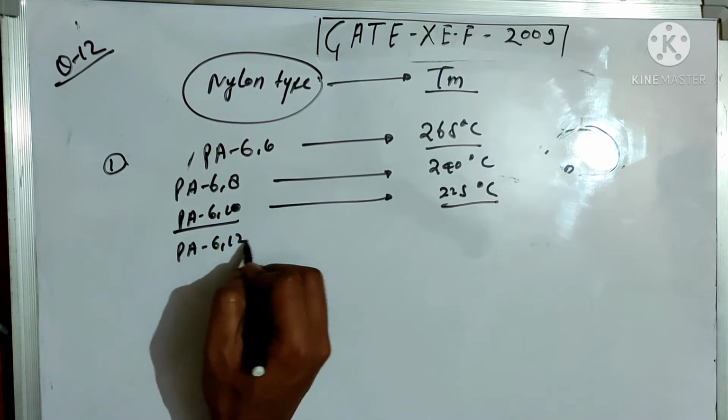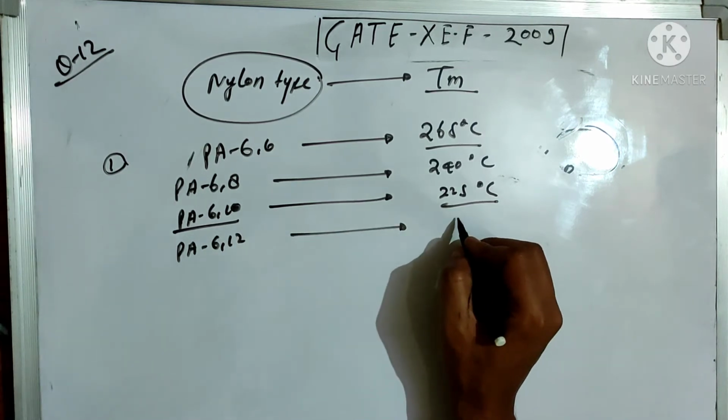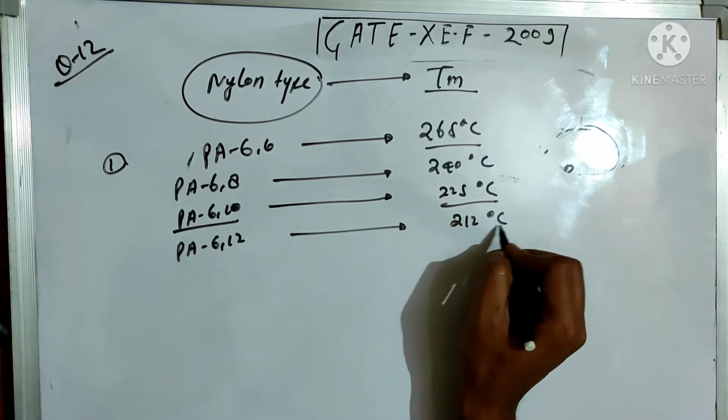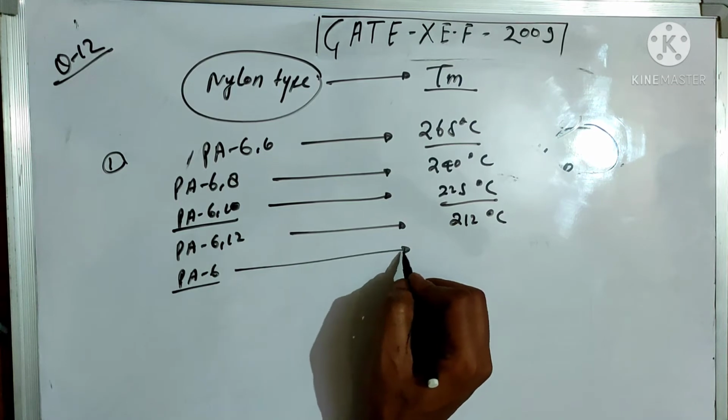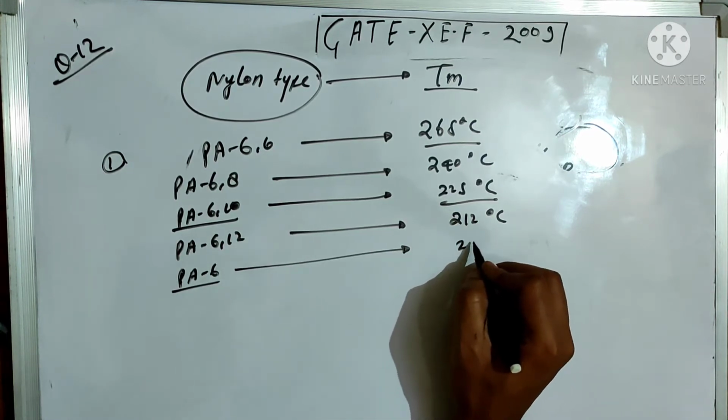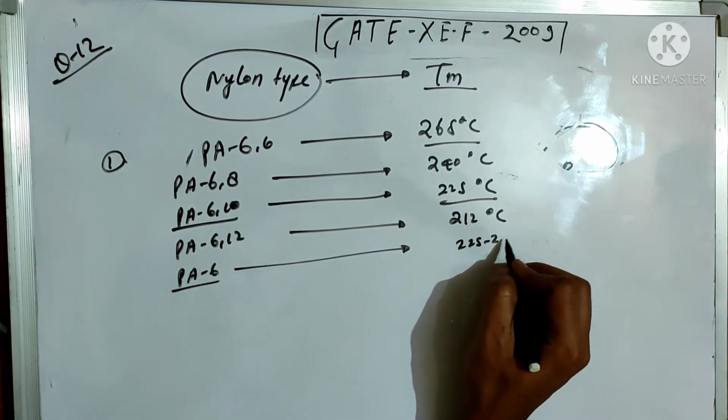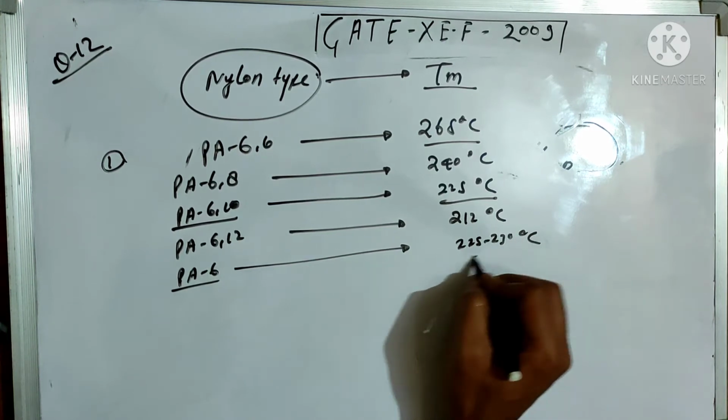Polyamide 6,12, nylon 6,12 has a melting point around 212 degrees centigrade. And nylon 6, polyamide 6 has a melting point around 235 to 230 degrees centigrade.